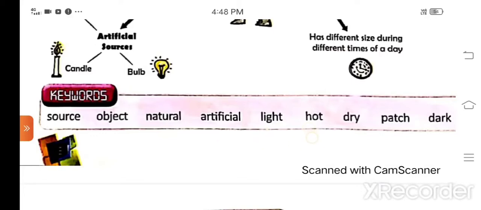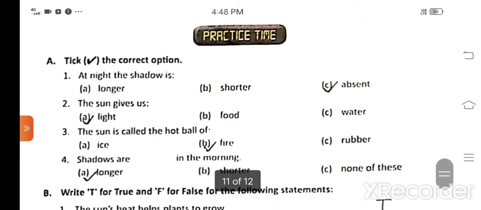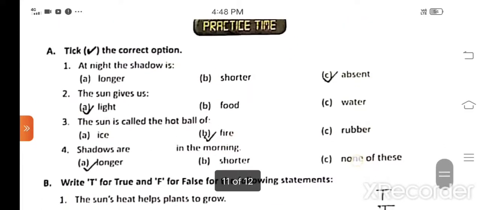HOT, hot means गरम. DRY, dry means सूखा. PATCH, patch means एक धब्बा जैसा. Dark patch. DARK, dark means अंधेरा.